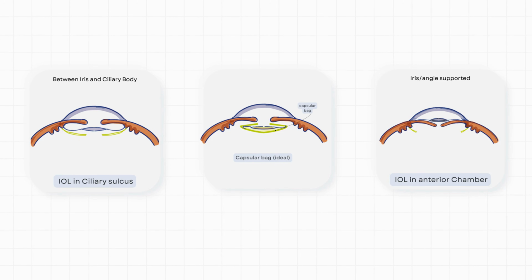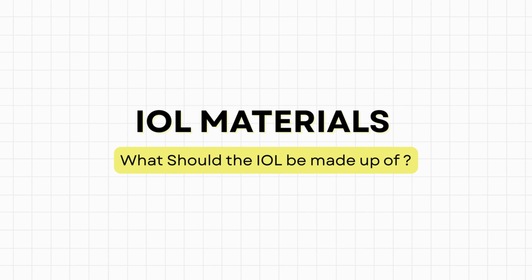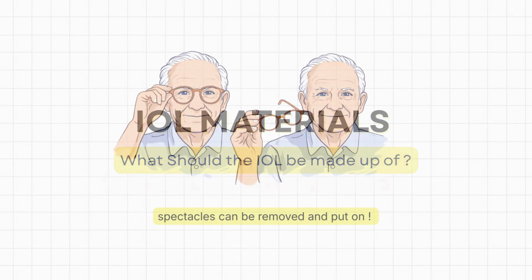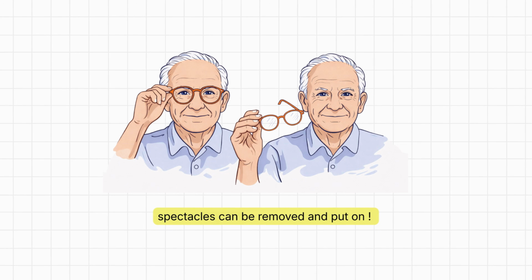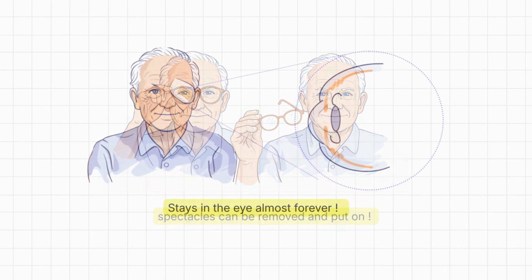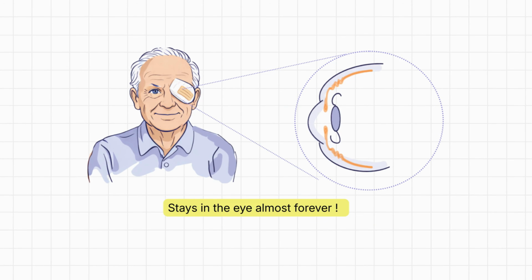Now that we understand what an intraocular lens is and where it sits inside the eye, we come to a critical question: what should this lens be made of? Because unlike an external optical device, an IOL must remain inside the eye for decades, optically clear, mechanically stable, and biologically inert.